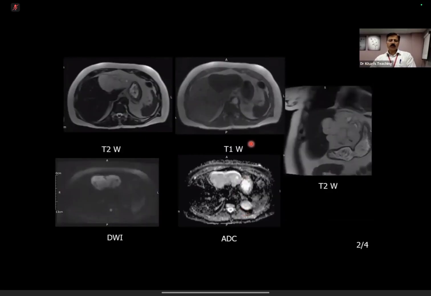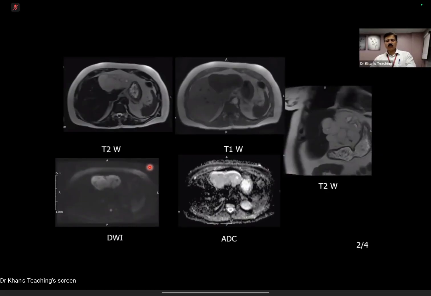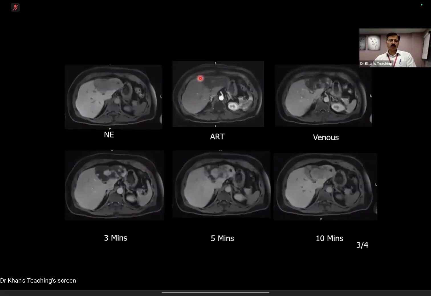The point is that this is a giant hemangioma, and giant hemangiomas are by definition more than 10 centimeters. You see, it's quite big, right? And it is bright on DWI. Now, if you see the contrast enhancement, of course, maybe you are a bit handicapped because you are just getting one slice.